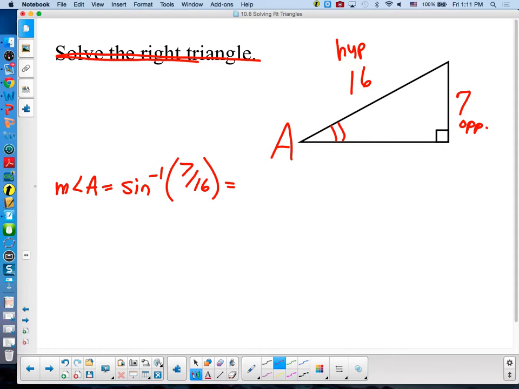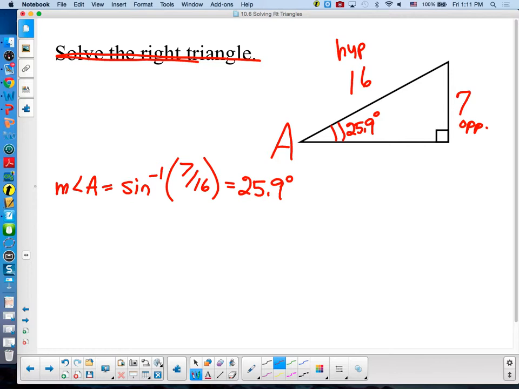What angle has that as a sine? 25.9, agree with her? Okay. 25.9. Then we could solve the rest of the triangle if we needed to, right?